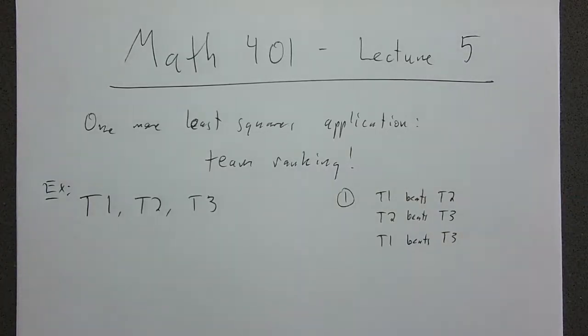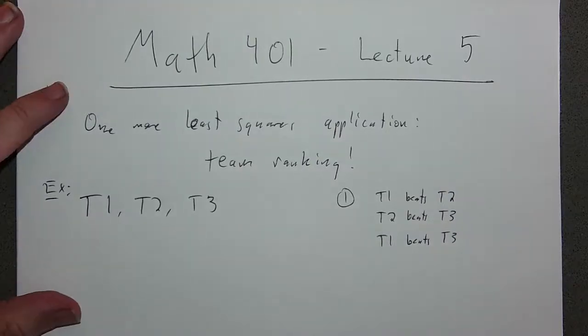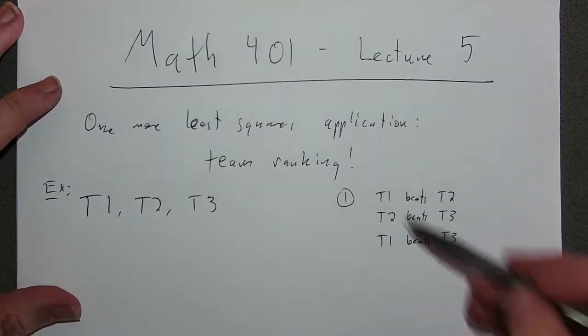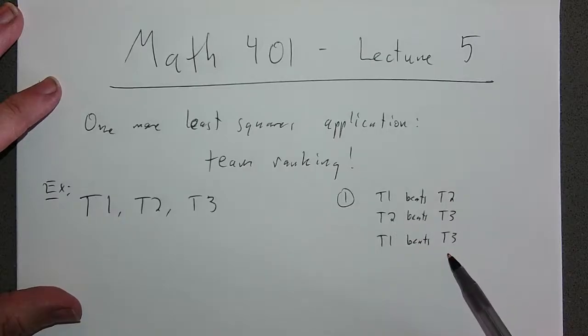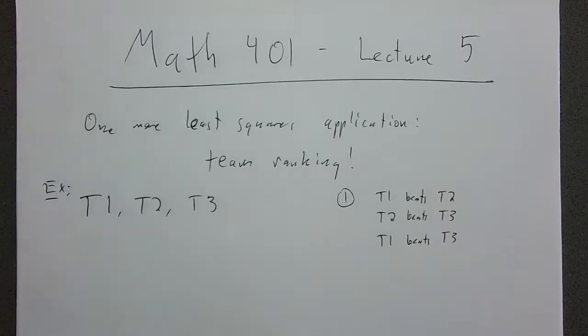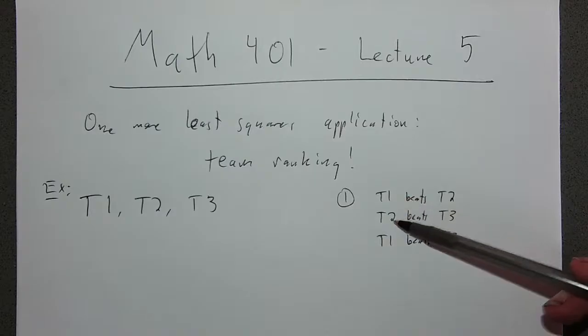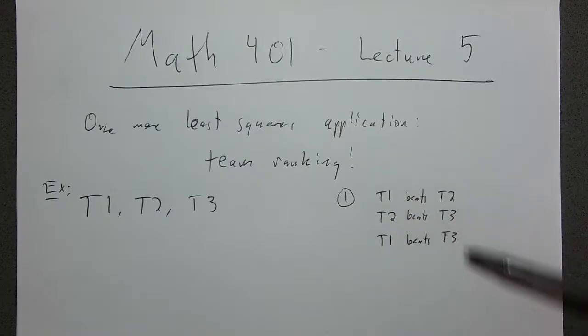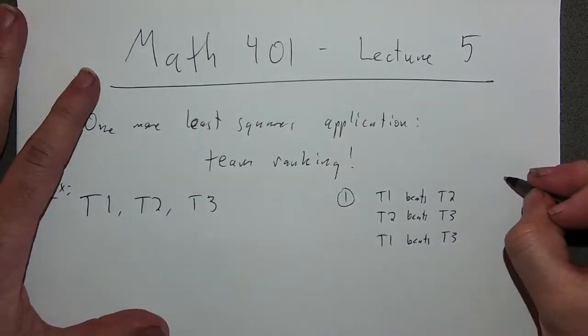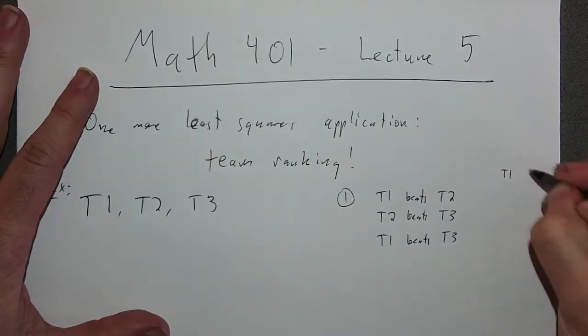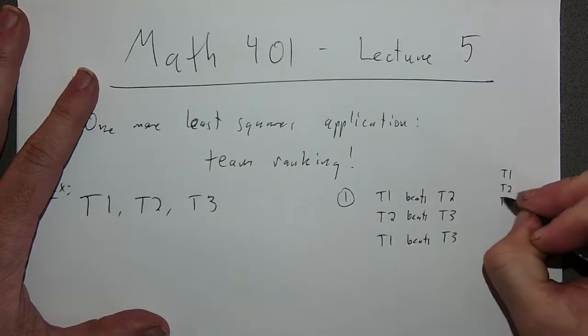Okay. Then how to come up with a ranking here is pretty simple. In this case, team one beat team two and team three. Team two lost to team one and beat team three, and team three lost to both teams one and two. So in this case, it's very easy to come up with a ranking: team one, team two, and then team three on the bottom.